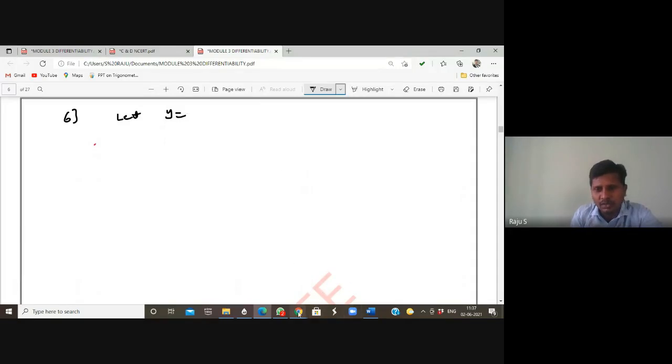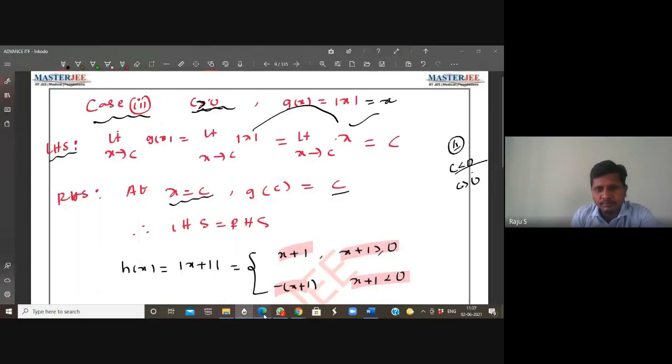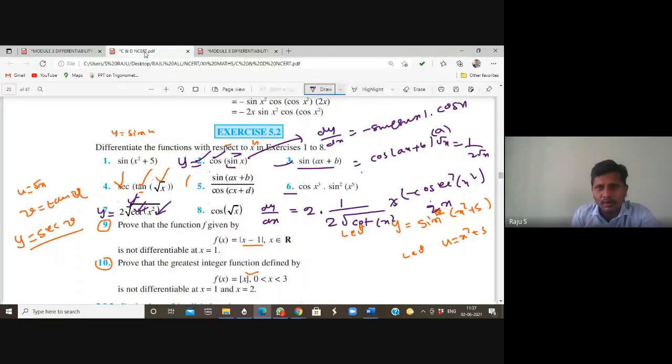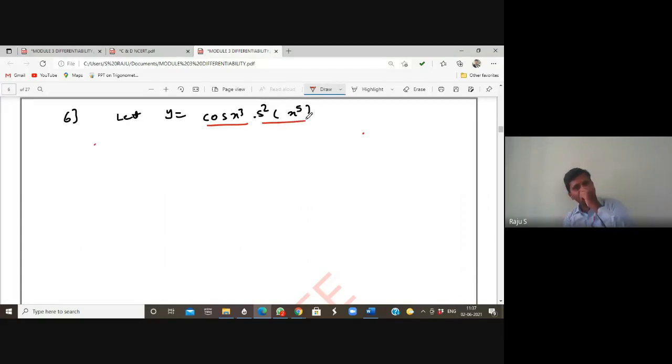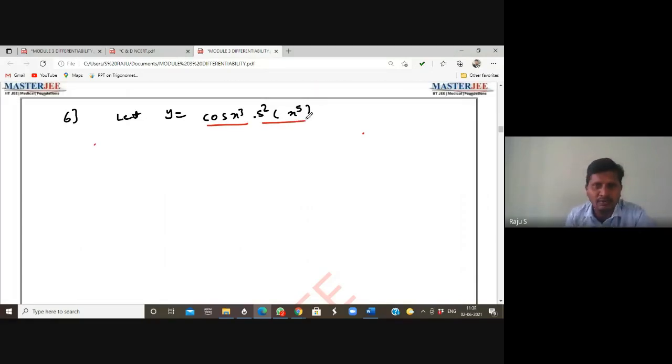Yes, what about the question? Cos of x cube sin square of x power 5. Right, how many functions are there? Two different functions: cos of x cube, and sin square of x power 5.